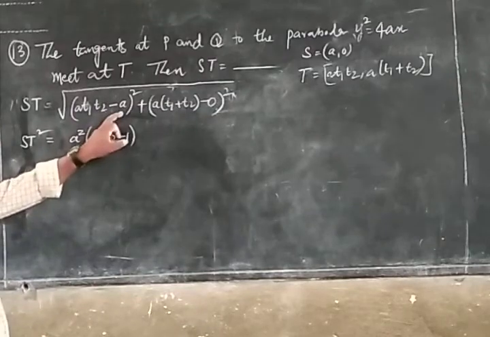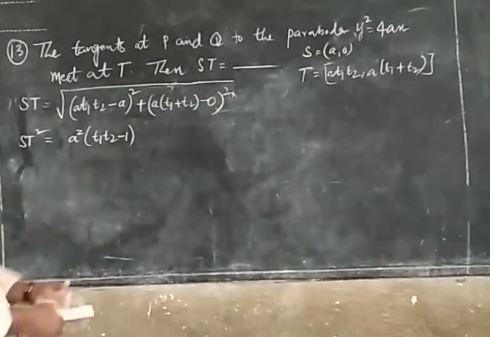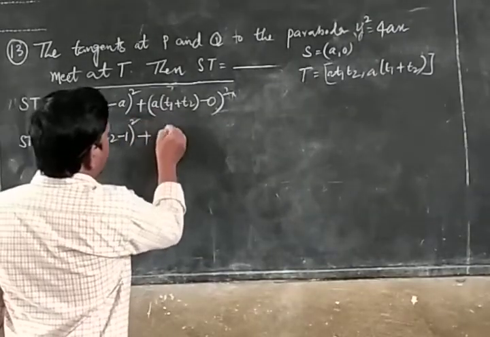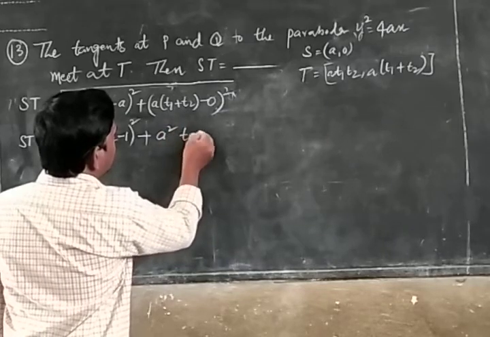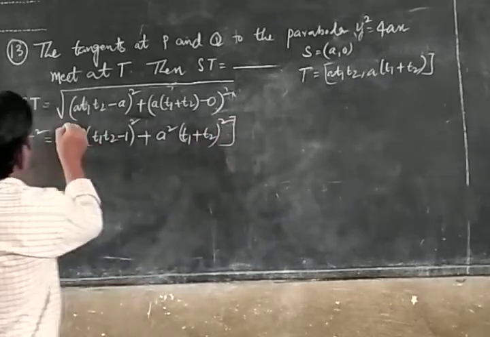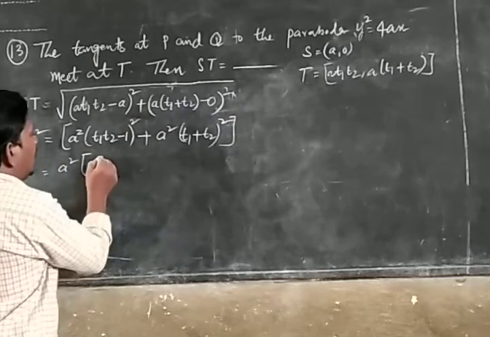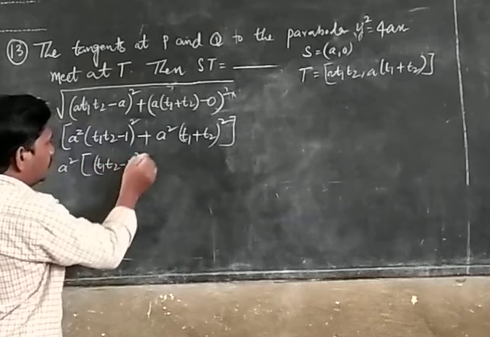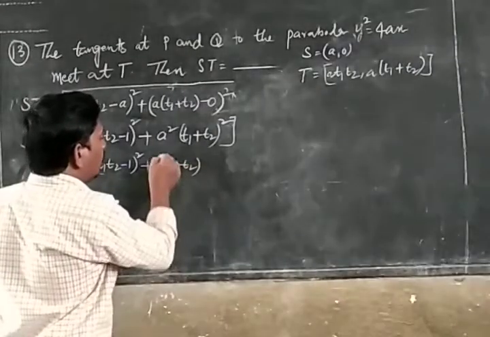By taking a as a common, a square, t1 t2 minus 1 whole square plus a square t1 plus t2 whole square. Now a square is common. Now t1 t2 minus 1 whole square plus t1 plus t2 whole square.